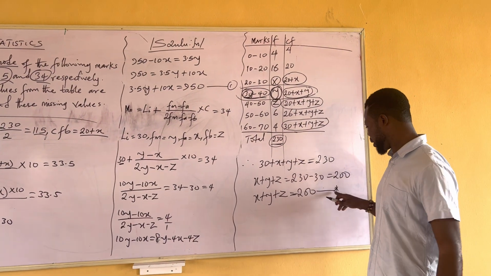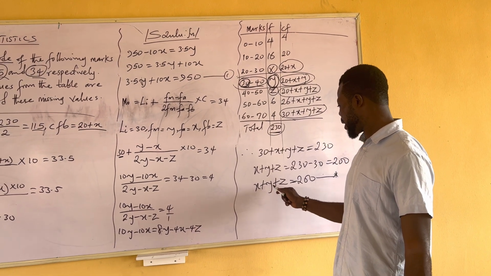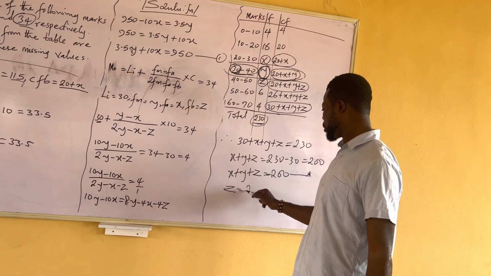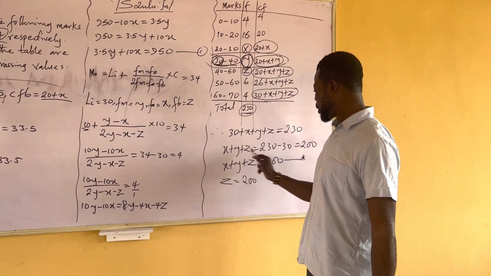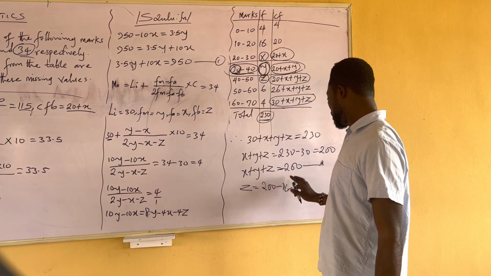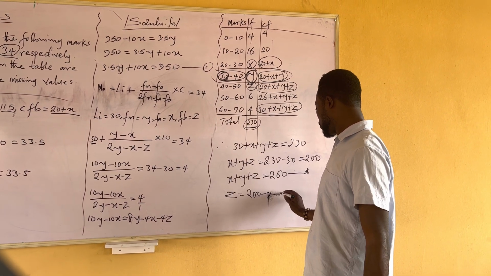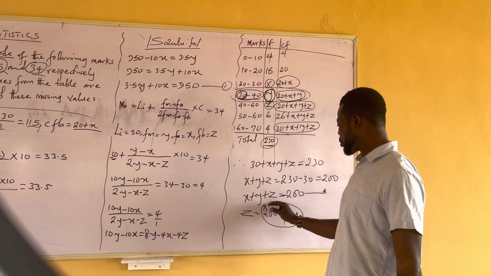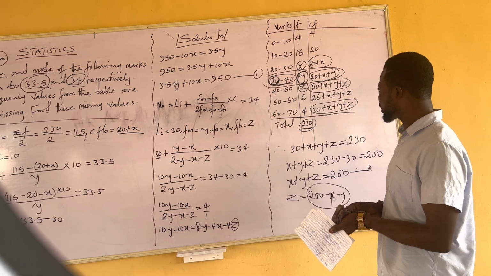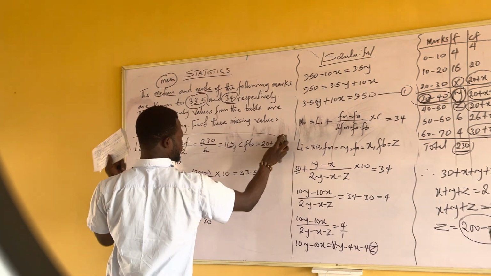From this equation here, I can make z the subject of the formula by writing z is equal to 200 minus x, and when this y comes here, minus y. So we now replace the value of z here so that we can reform that equation. So let's reform that equation.